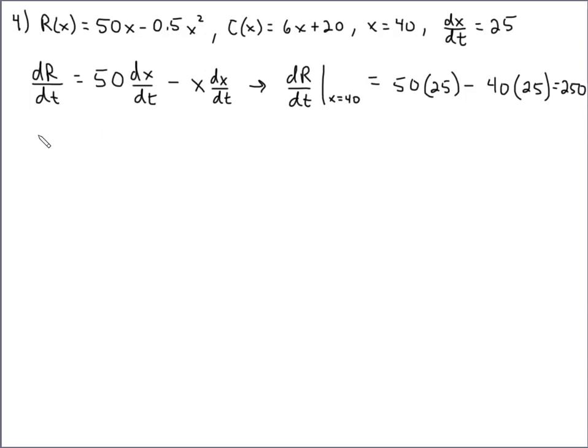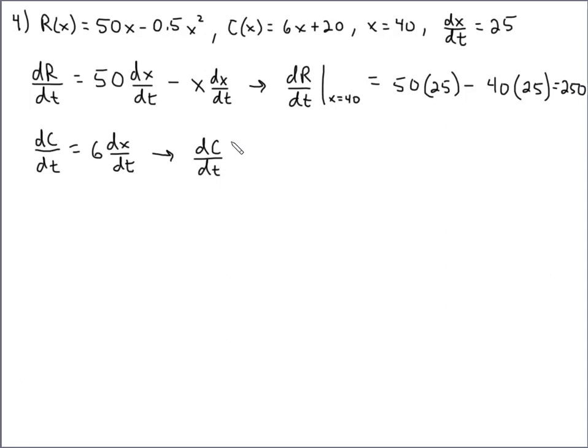Okay, then we'll do dC/dt. Similar, derivative of x is dx/dt, and that one is just 0 because it's a constant. So this one will be pretty straightforward to find with these values that were given here.